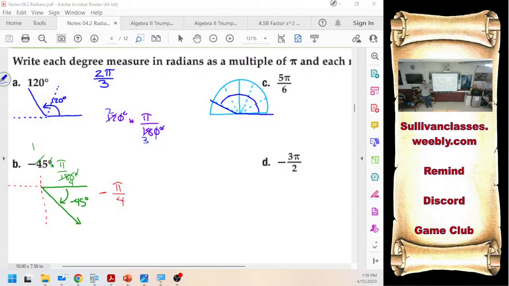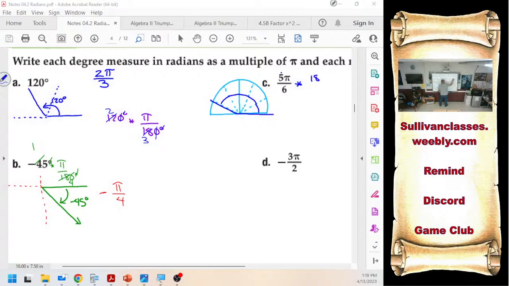How far? 150 degrees. Because 1/6 of 180 degrees is 30 degrees. So pi over 6 is 30 degrees.